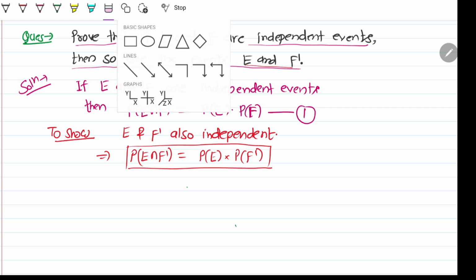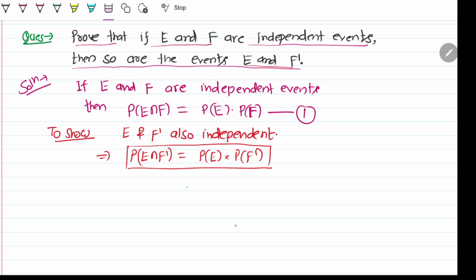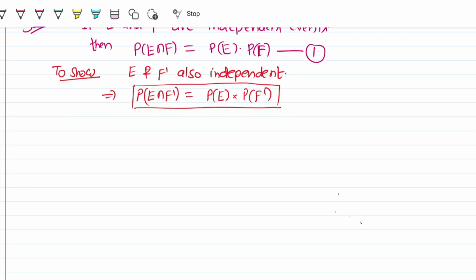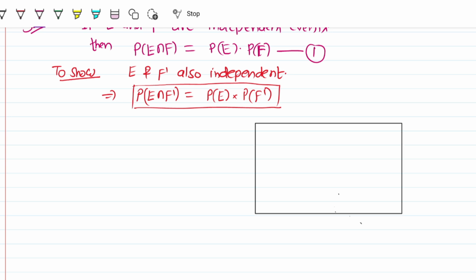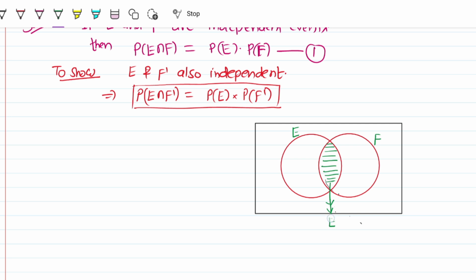So to prove this, first of all we will make a diagram so that you can see what actually we are doing. So I'm making a Venn diagram over here, and this is the box. I will give the names. Suppose this first is event E and the second is event F. Then obviously this part would be E intersection F, without any doubt.